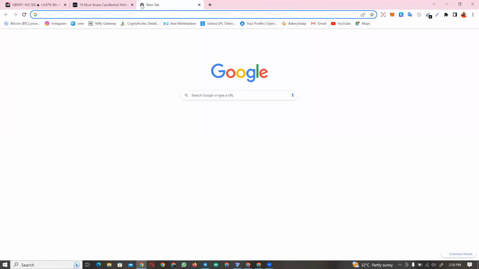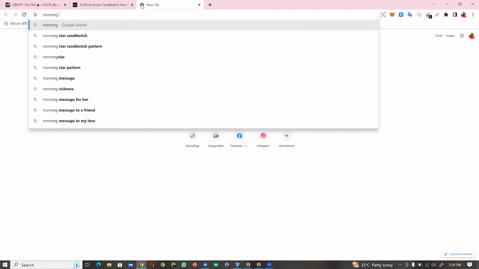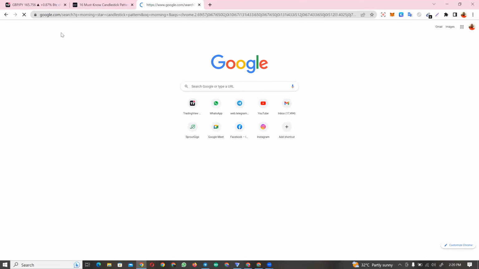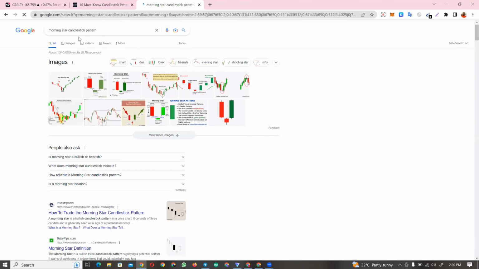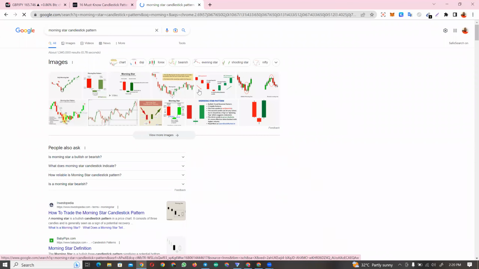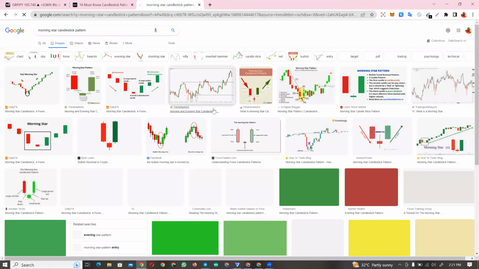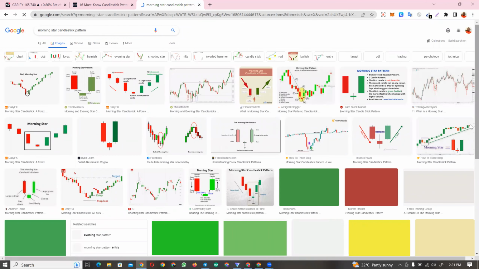I don't want to confuse you guys. Let me show you how Morningstar candle looks like. Yes, this is proper. We entered one trade based off of this Morningstar candlestick pattern. We have Morningstar, Evening Star, and Hammer. They are the strongest I have seen so far.